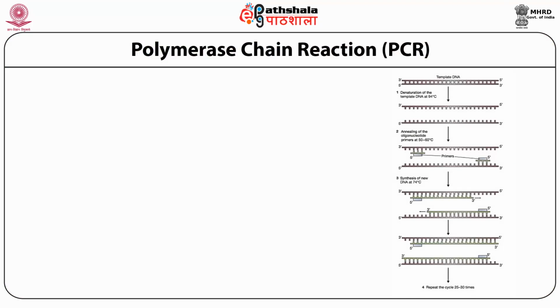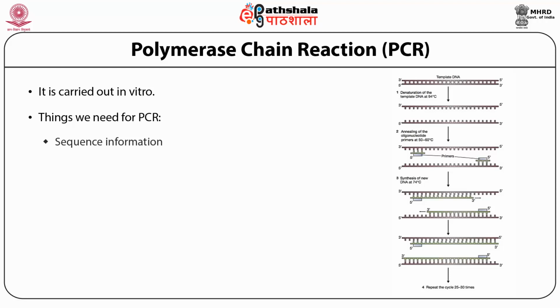Polymerase chain reaction is carried out in vitro. The items needed for the PCR reaction are the sequence information of a DNA molecule, and oligonucleotide primers.